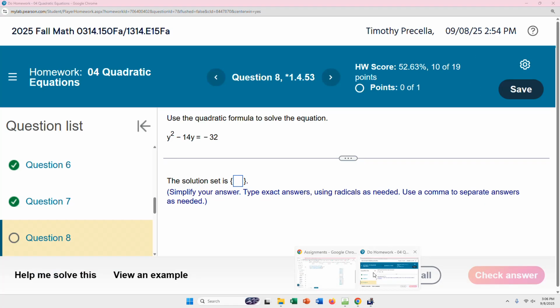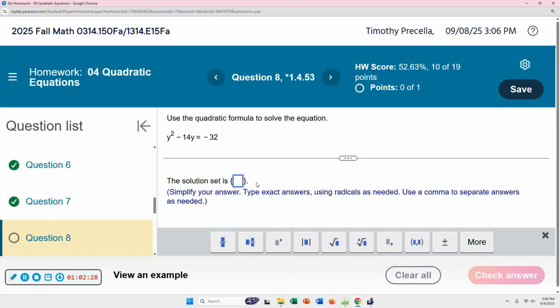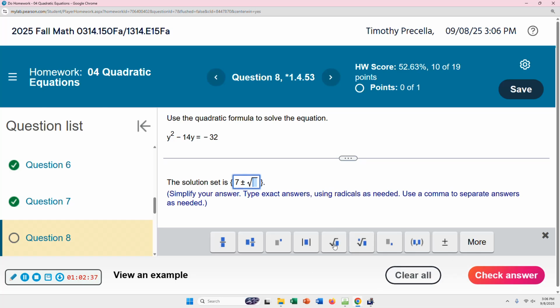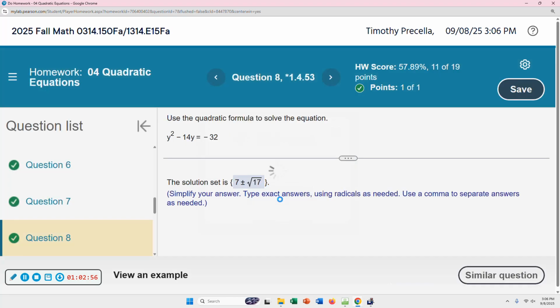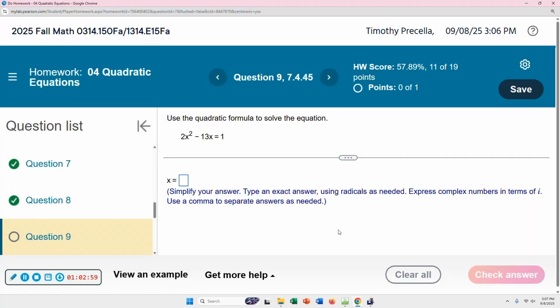Any other questions? I'm going to type in this answer before we get timed out. Does that ever happen to y'all? 7 plus or minus the square root of 17. When y'all are on campus, y'all ever use the college's Wi-Fi? It's good. I remember back when it used to be so good, but it is what we're using right now. Okay, what's next? 9. As a student, y'all ever go to that fancy library we have?